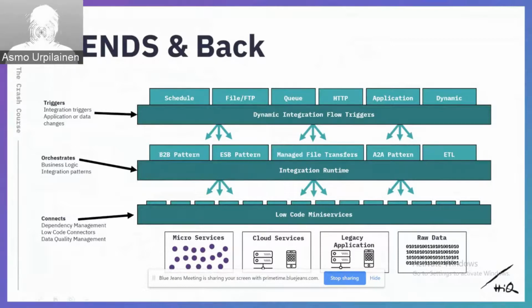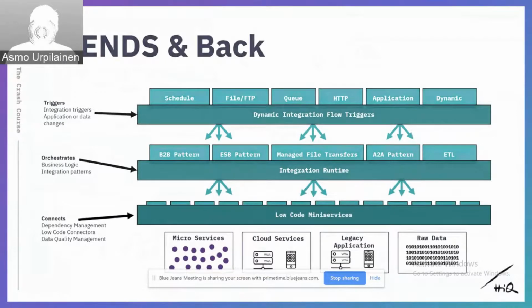And of course then combining all of this together to achieve a certain type of integration pattern, for example, between 2 different applications, where one of them might be a cloud application and one of them might be a legacy application.